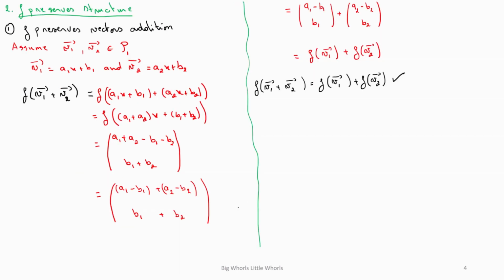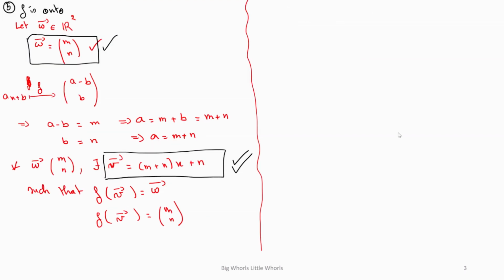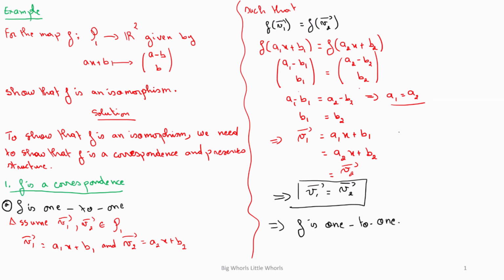Okay, so here I can just write a sentence here. This means that f preserves scalar multiplication. So this is the end of this tutorial, and I just want to give a quick summary.